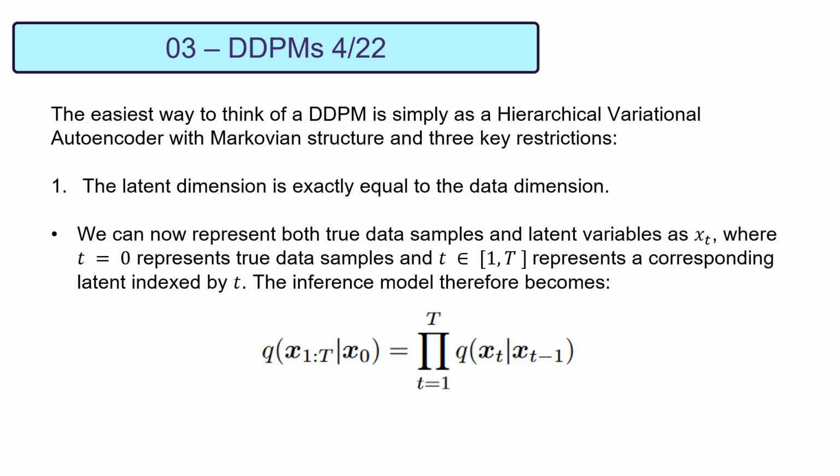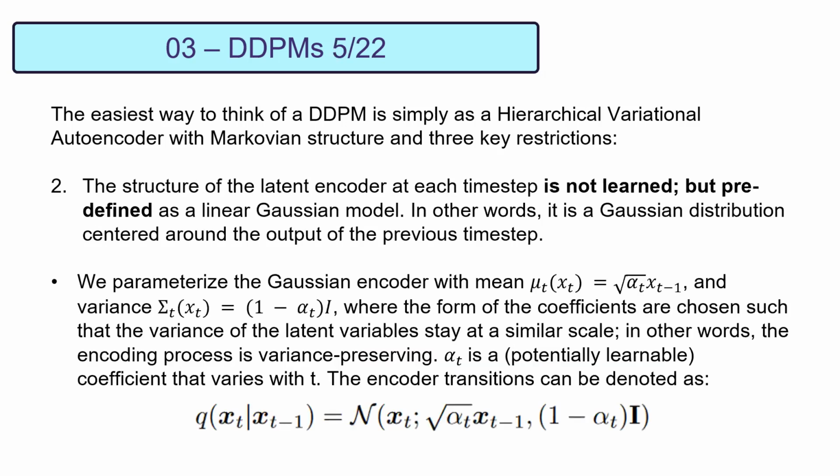Given an input image, this inference model is going to be equal to the product, this is the chain rule of probability we saw before, of xt given xt minus 1. This is simplified due to the Markov assumption. Every t only depends on t minus 1. You don't see the rest of the terms here. You don't need to know t minus 2, t minus 3, no other terms, just the number before. So the structure is Gaussian.